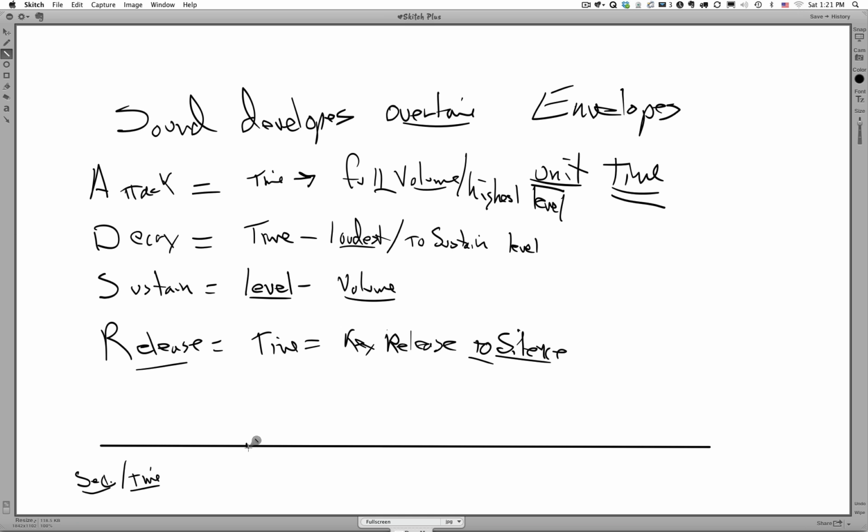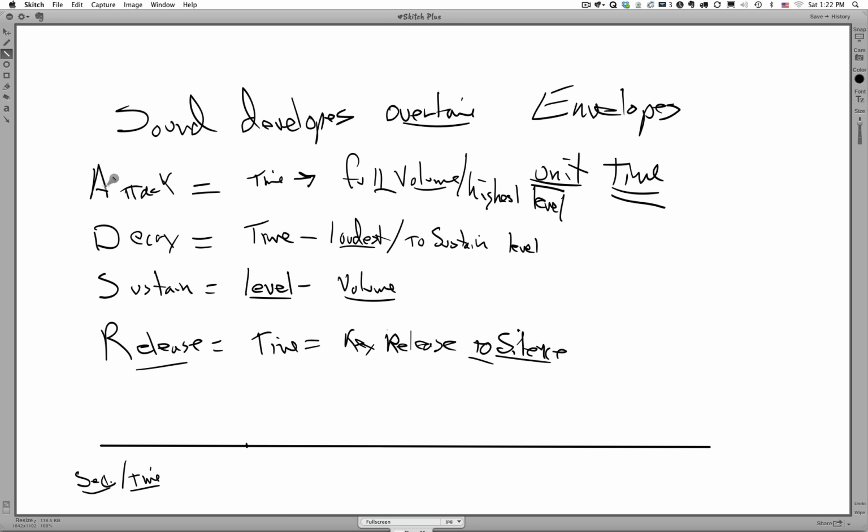How long does it take from when we first strike the key to get to full volume? And we could diagram that. And it's going to be some amount of time. So if it is a quick attack, it's going to take a short amount of time. So something like that. So from here to there, that amount of time.